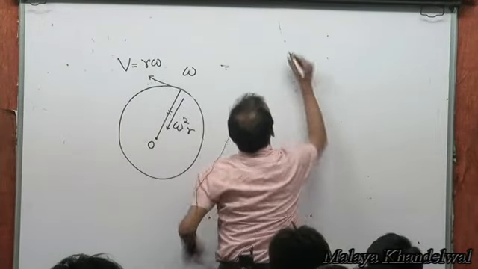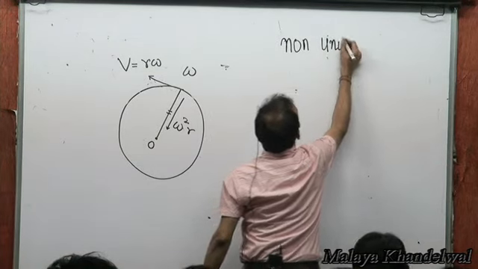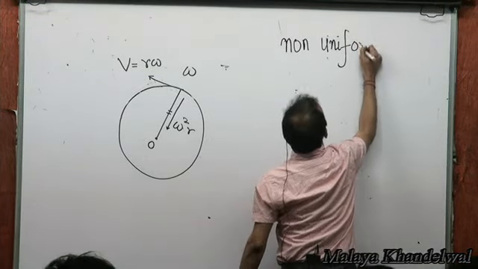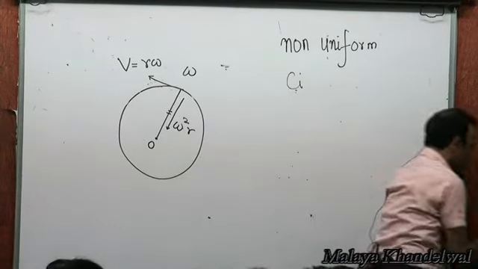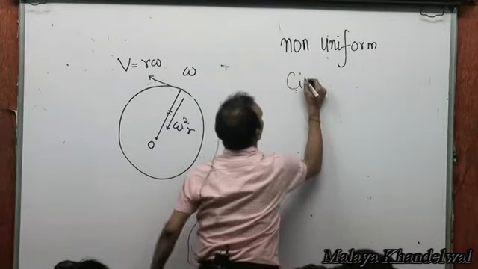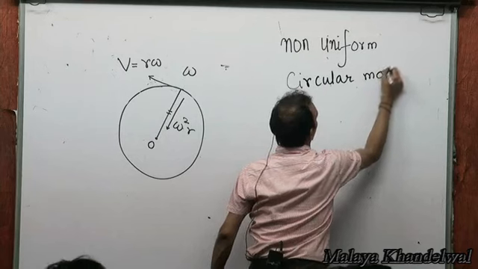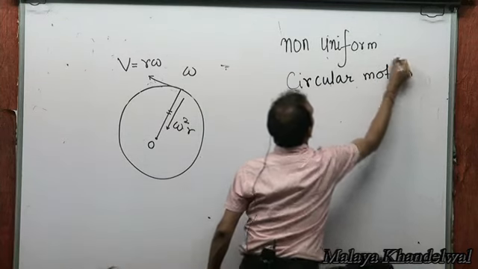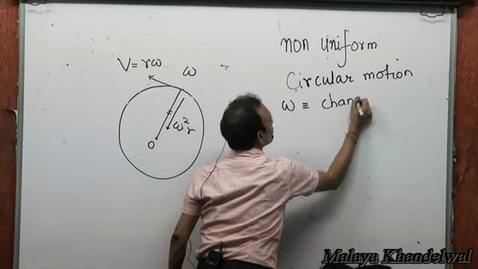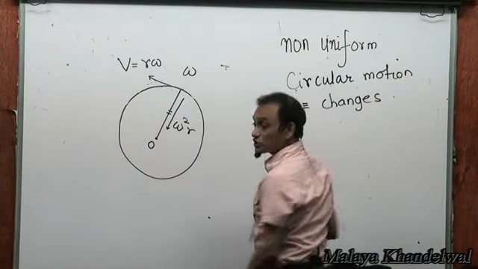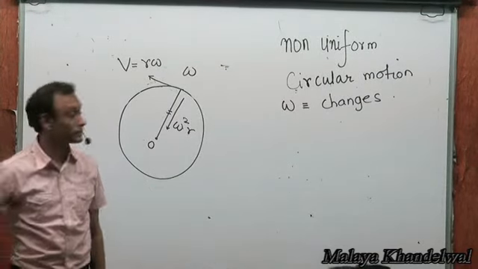Now, in non-uniform circular motion, omega changes. Omega changes with time. Omega is not constant. Angular speed of the particle, right?